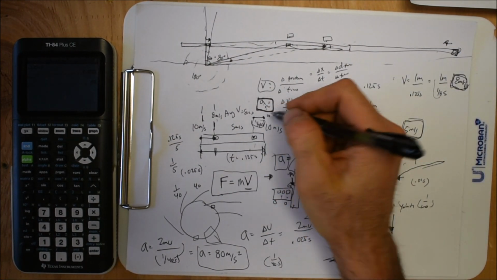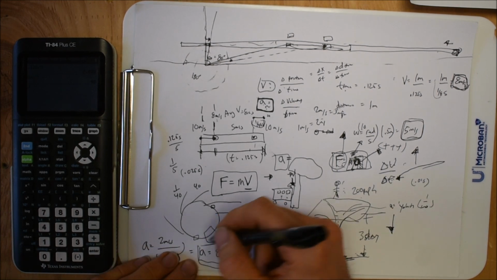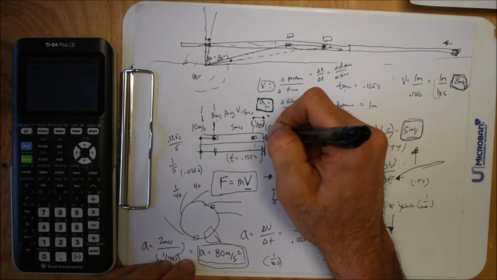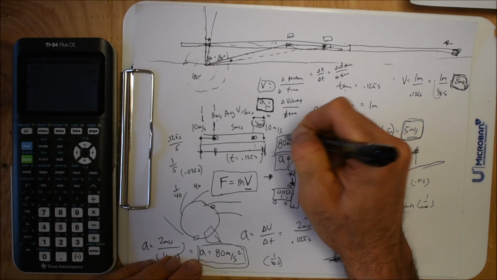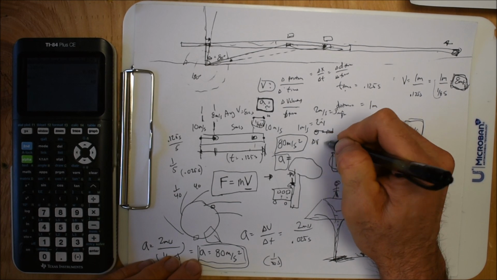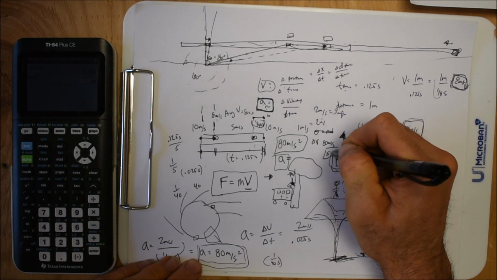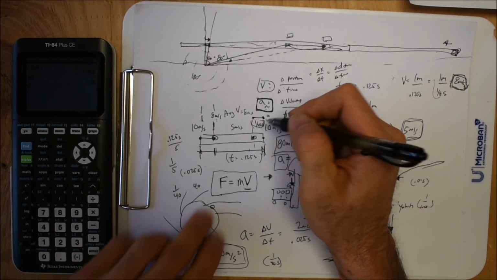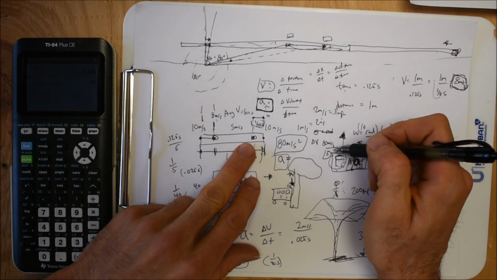Now we can use this a and say from there to there we have an acceleration of 80 meters per second every second. So if this is going 0 right here, it's going like 200 miles an hour in another second.